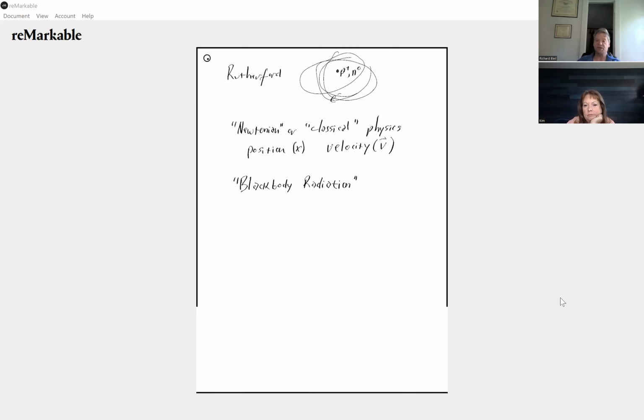Black body radiation is light that comes from inside the material. Your screen right now is an example of black body radiation. There is not light illuminating it from an external source. That light is coming from inside the house. Get out of the house. It's coming from inside the house. Sorry. Okay, it's Halloween season. It's coming from inside the screen. Classical physics cannot explain that.